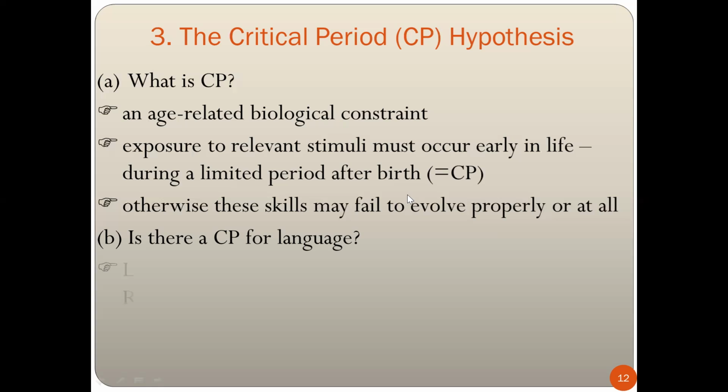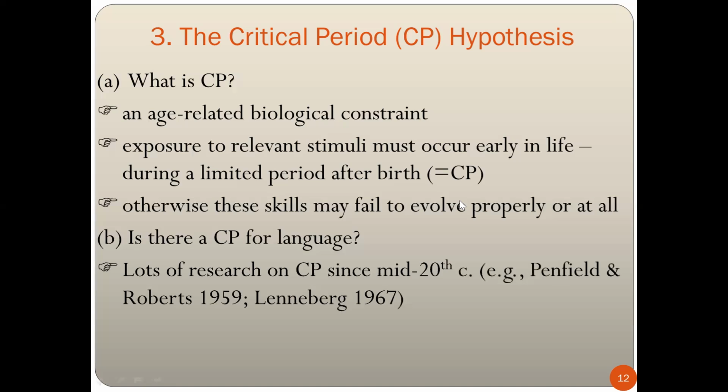That the first language is also subject to a biological constraint, and that young children need to be exposed to at least some language input in order to trigger the acquisition process and for acquisition to proceed successfully.